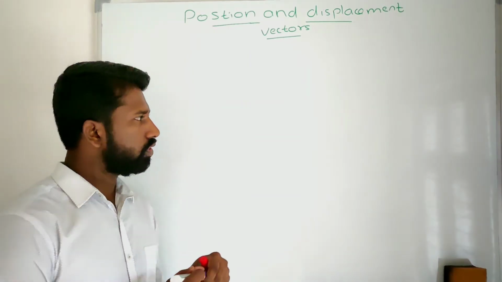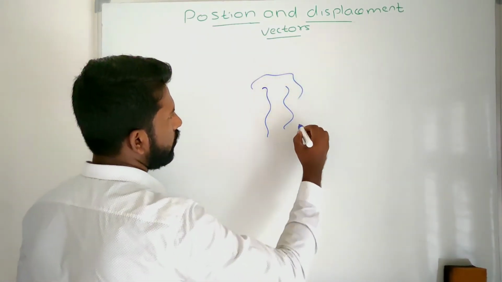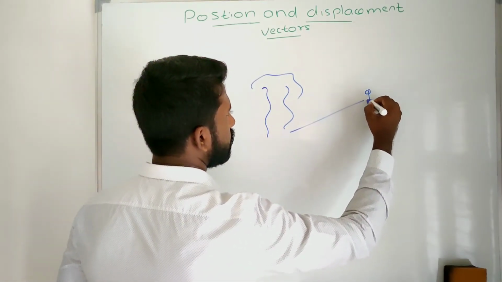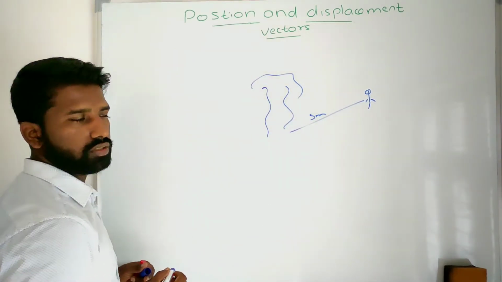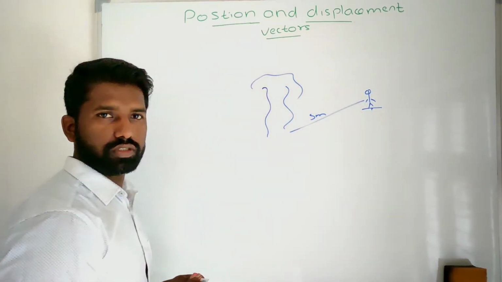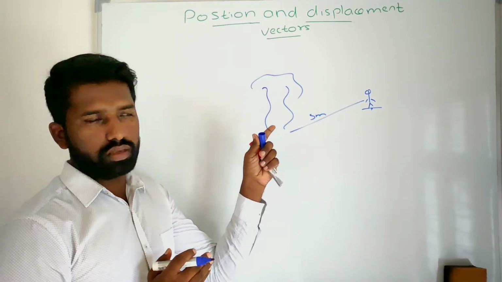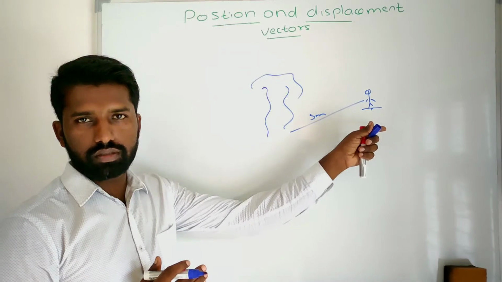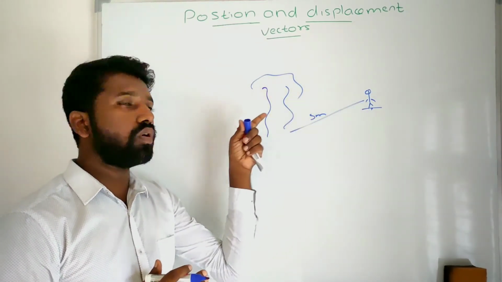Look here. I am considering this as a tree, and a person is standing here, 5 meters from the tree. I want to define the position of this person. I can say that the person is standing 5 meters away from the tree in the northeast direction.